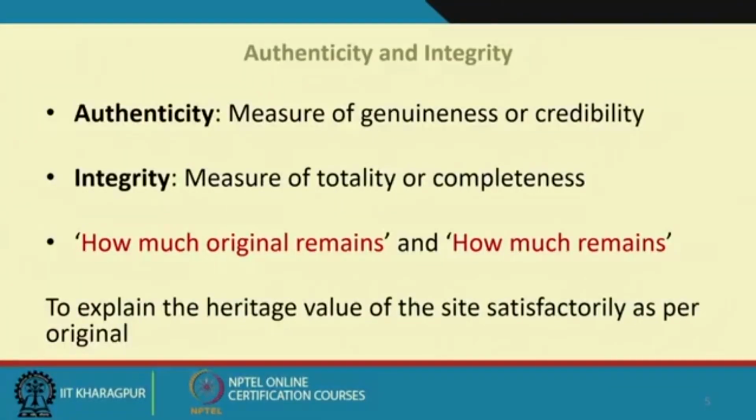And when we are talking about the original, as we have discussed, it does not mean only one period of time, it can be several periods of history, but how much of that original remains. These are the basic essence of authenticity and integrity. So, these are important to explain the heritage value of the site satisfactorily as per the original.